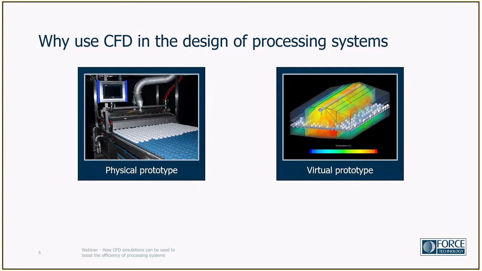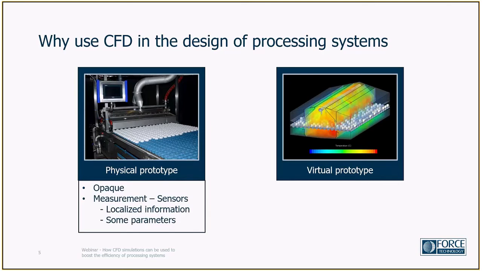And the big difference here is that while our physical prototype is opaque in the sense that it's very difficult to know what is really happening inside, and we can only do some measurements by using some sensors in very localized points, such as the surface of the casing here, for instance, or the velocity at the inlet of the nozzles.